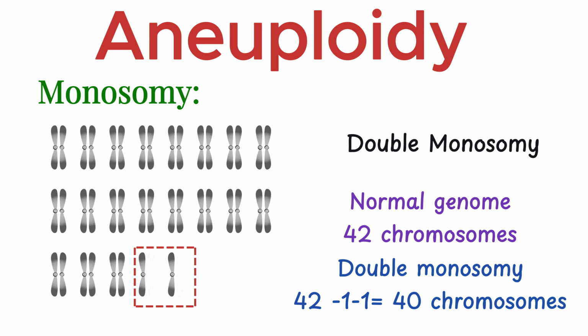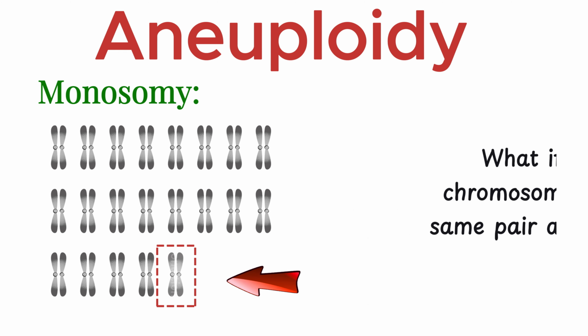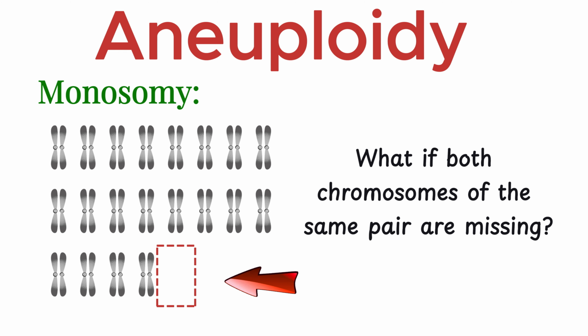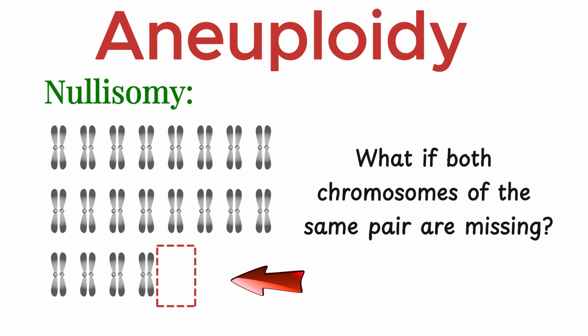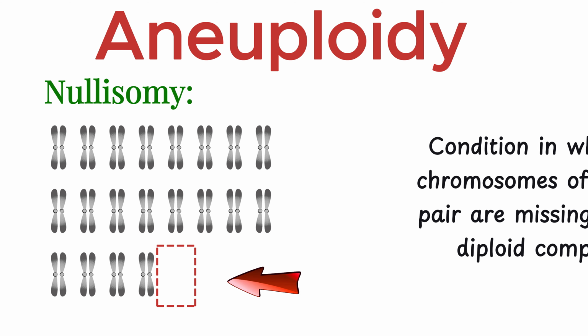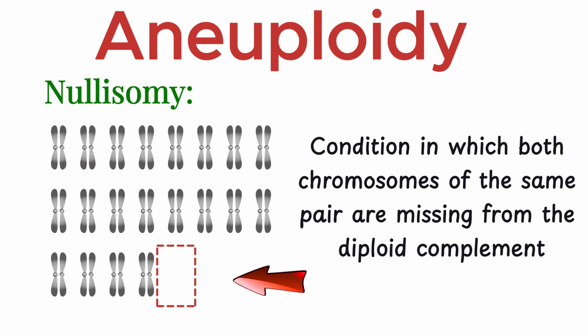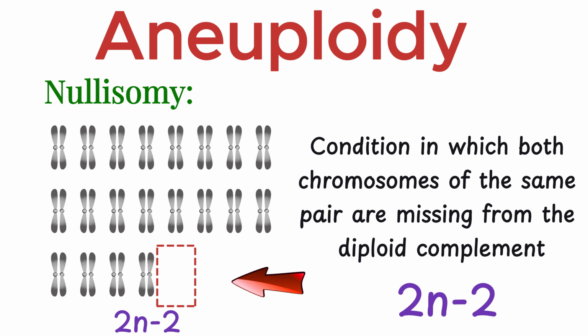Until now, we've been talking about the loss of one chromosome from each pair. But what if both chromosomes of the same pair are missing? This means the entire pair is absent, a different condition known as nullisomy. Nullisomy is the condition in which both chromosomes of the same pair are missing from the diploid complement. In symbolic form, it is written as 2n-2, the -2 showing that an entire pair is absent.